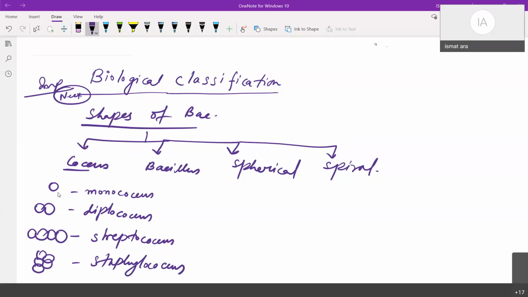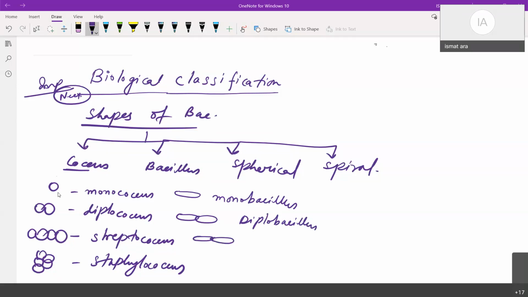Bacillus means rod-shaped bacteria. If it is a single rod, then it is called monobacillus. If two bacilli are there, then it is called diplobacillus.